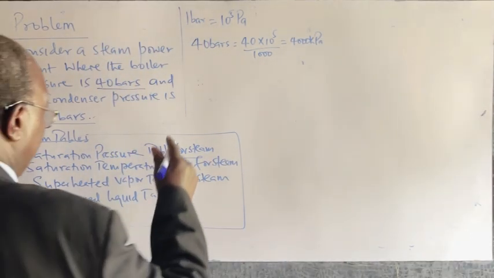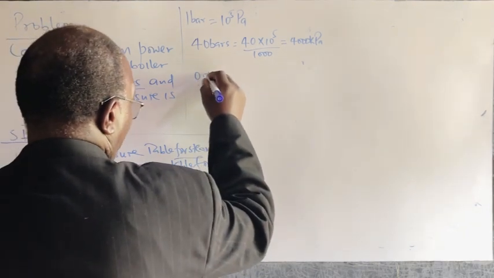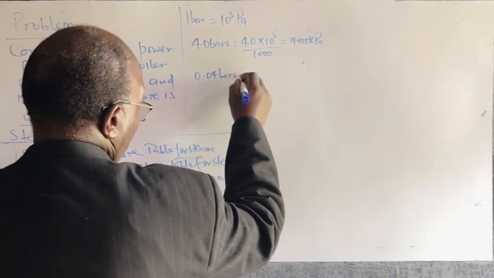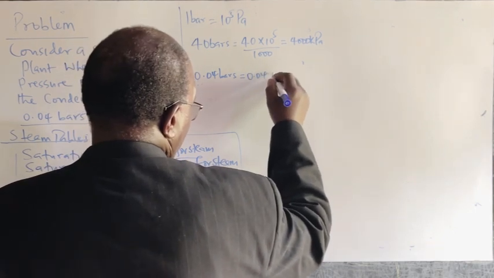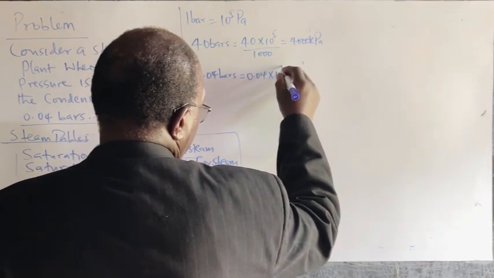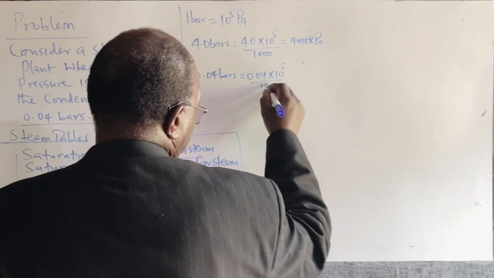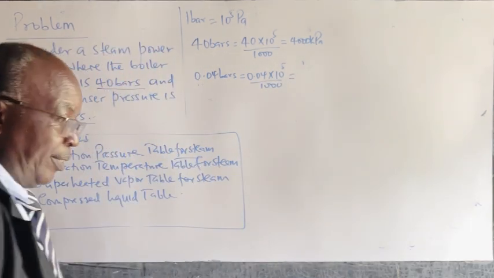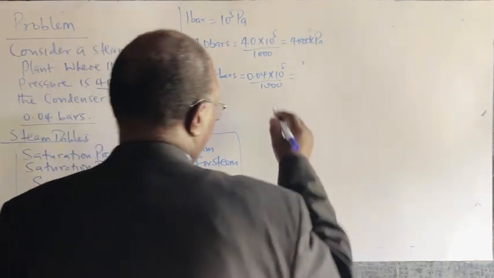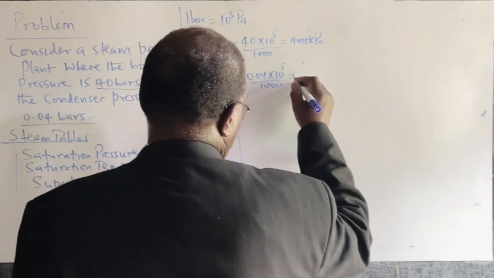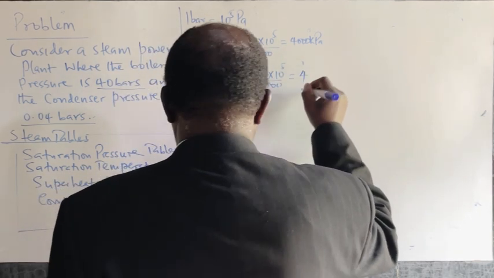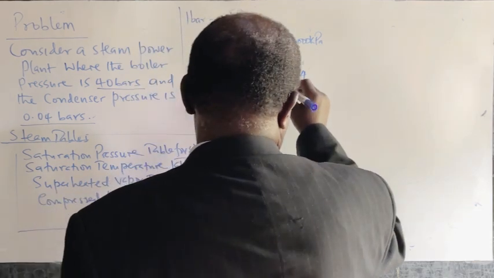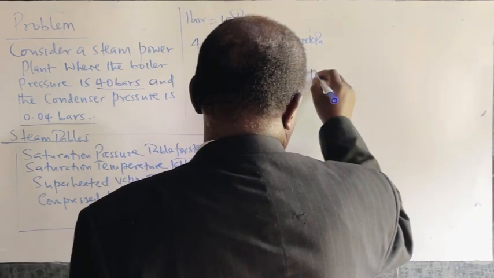And 0.04 bars will be 0.04 times 10 to the power 5 divided by 1,000, converting to kilopascals, and that will be 4 kilopascals.